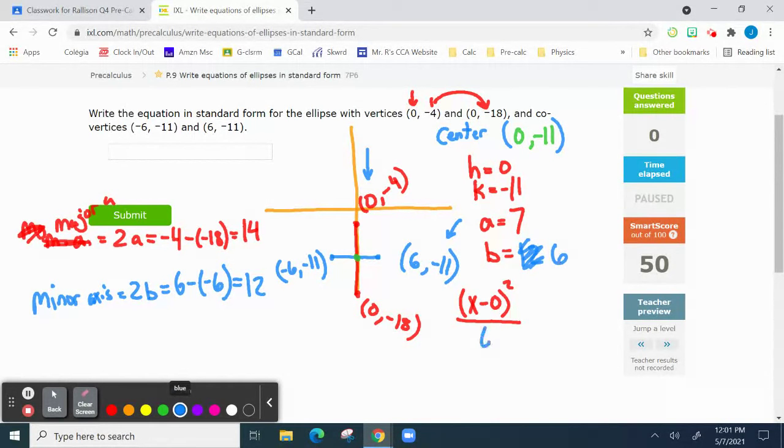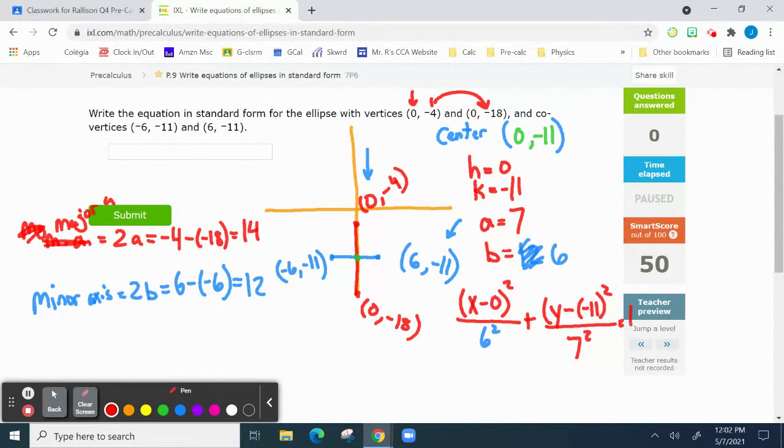So that's going to be 6 squared plus y minus negative 11 squared over 7 squared equals 1.